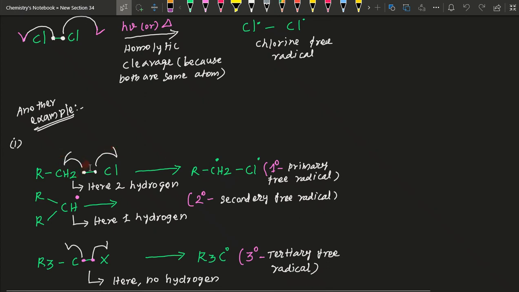See here two hydrogens, so it gives CH2 radical, Cl radical, or 1 degree primary free radical. Here only one hydrogen atom, so this is a secondary 2 degree free radical.